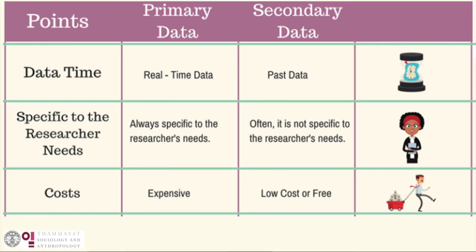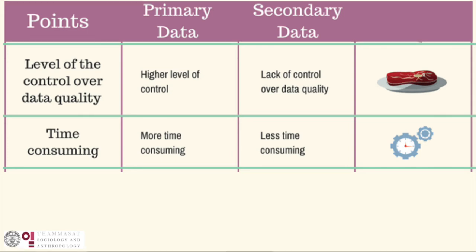Cost-wise, collecting primary data is expensive, time-consuming, difficult and demanding. Secondary data is none of these. Primary data means that we have a high level of control over the data quality. That may mean that the quality of your data is not particularly good, but that is your problem.